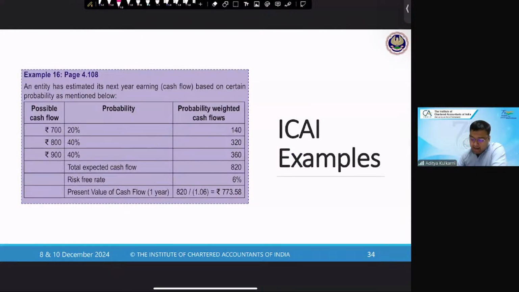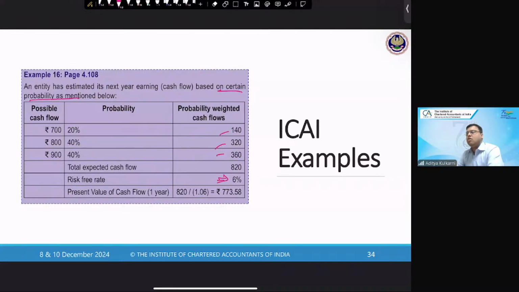An entity has estimated its next year earnings, that is cash flow, based on certain probability as mentioned below. Possible cash flow, probability weighted cash flows. So total expected cash flow is 820. Risk-free rate is 6%.